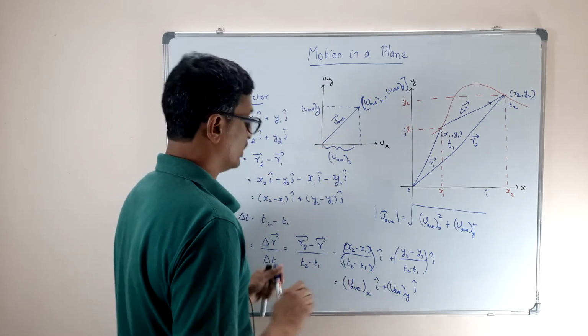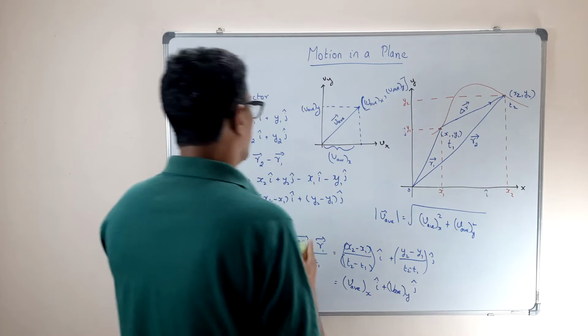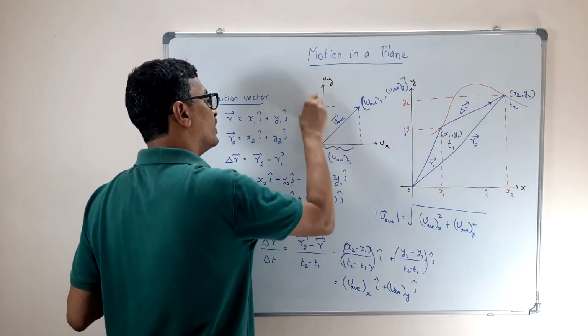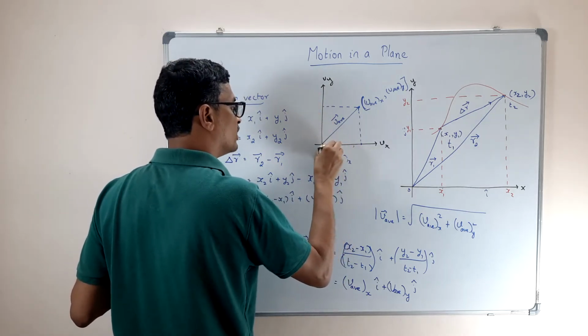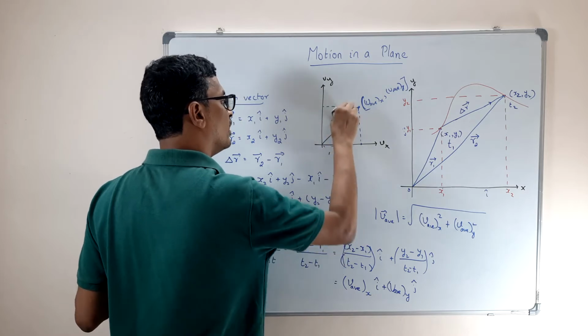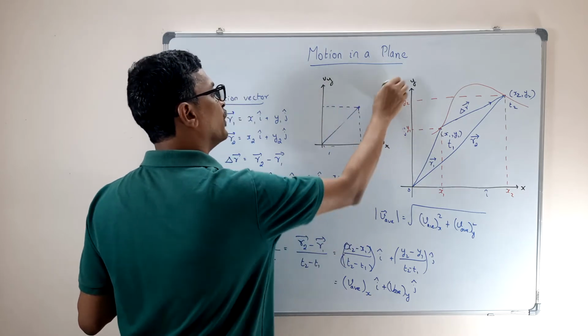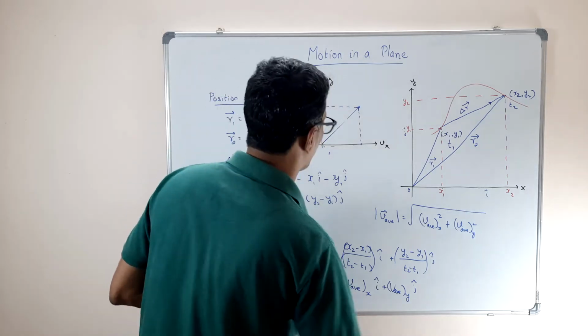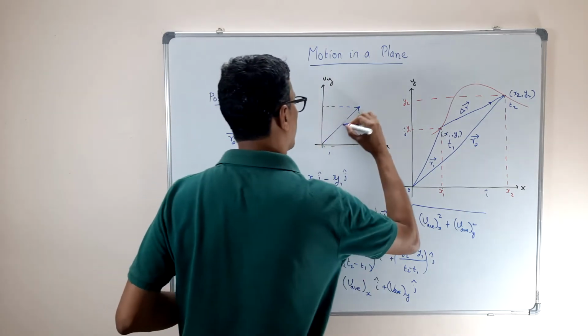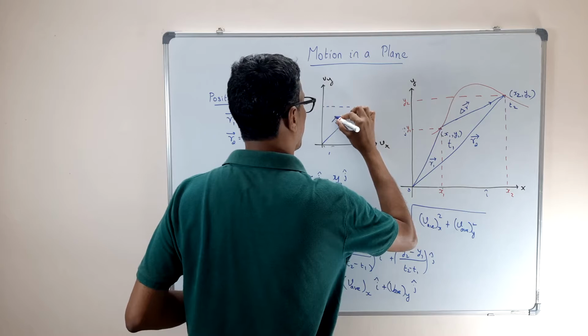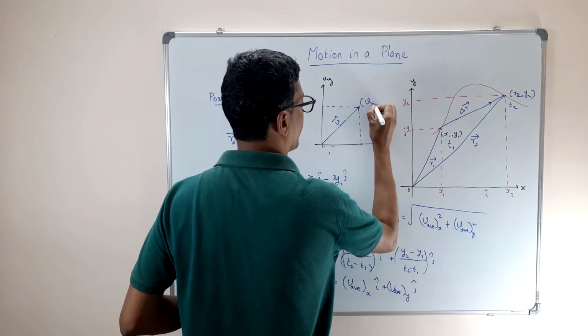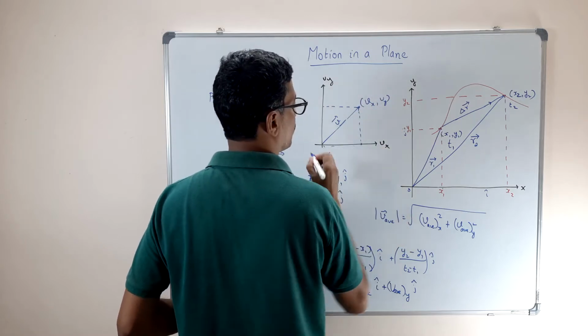Or in general, if I don't write V average, I can write it as any vector. So any velocity vector, let me call it V, can be resolved into Vx, Vy, okay?